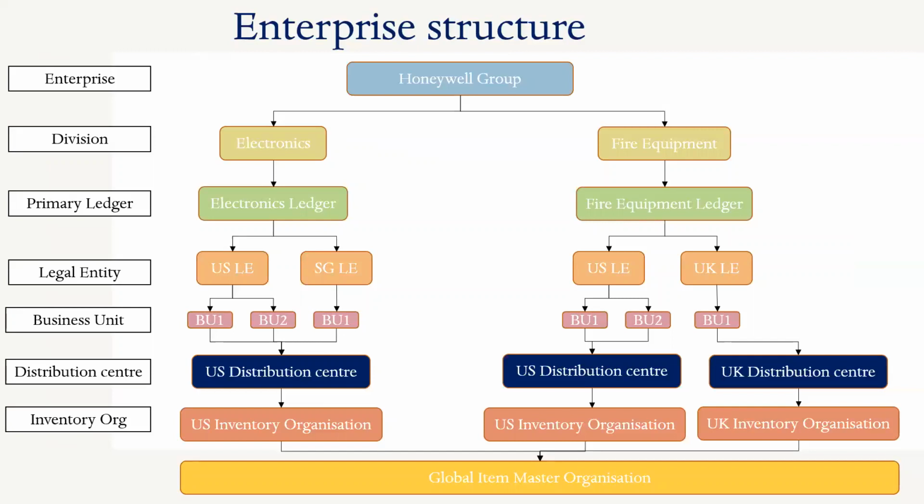It allows us to configure for different countries, where we can attach the legislative data group to the legal entity. Legal entity is always country specific. So we can attach the legislative data group to the legal entity and have different country level configuration. But the enterprise is always one.